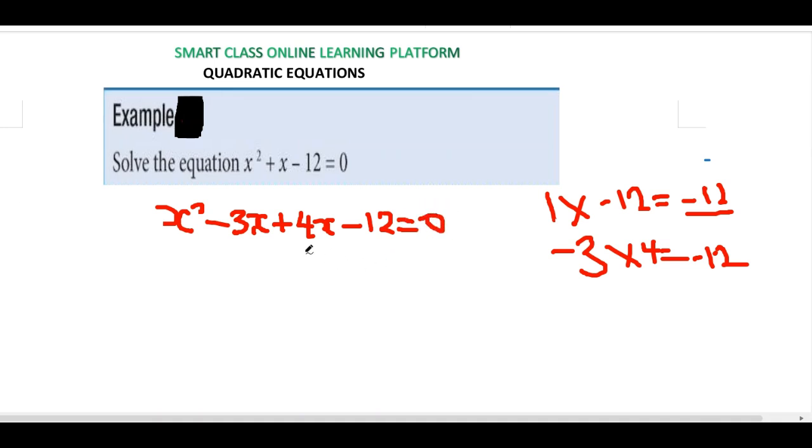What we have done here is to replace this middle term 1x with minus 3x plus 4x. If you check, minus 3x plus 4x is the same thing as 1x.